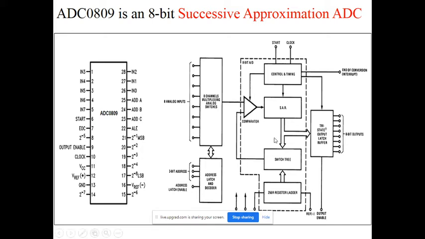If the controller is ready to receive the next digital data, it generates output enable. That signal is given by the controller, saying I am now free to read your data, please send it. When output enable is generated, the output latch sends the data to the controller.